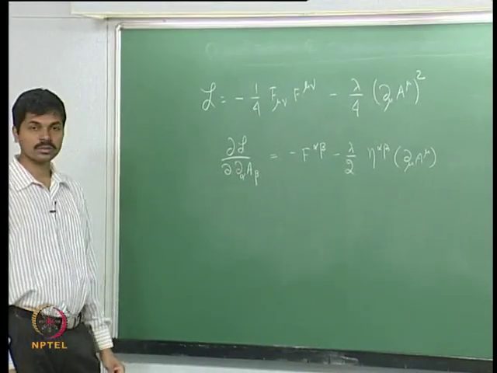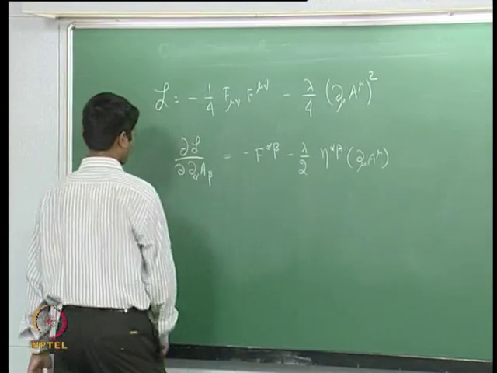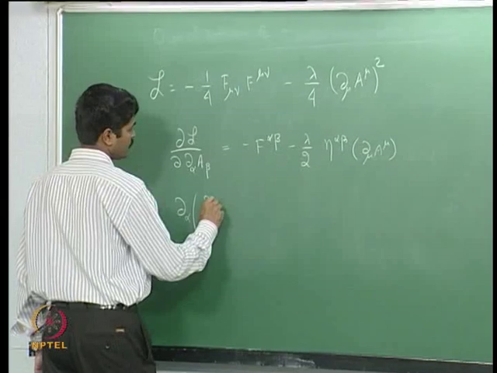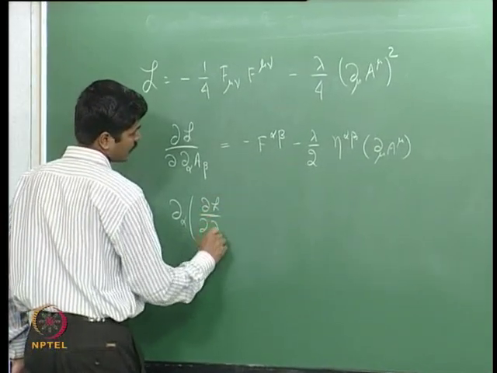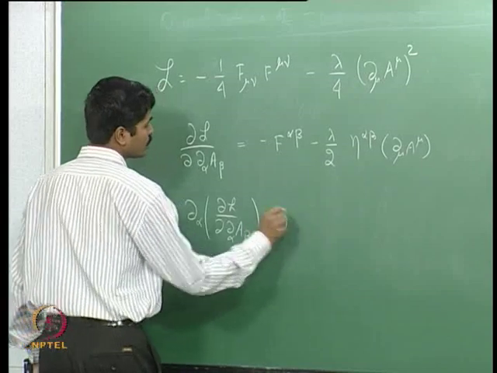The Euler-Lagrange equation is del alpha of del L over del alpha A beta equal to 0.